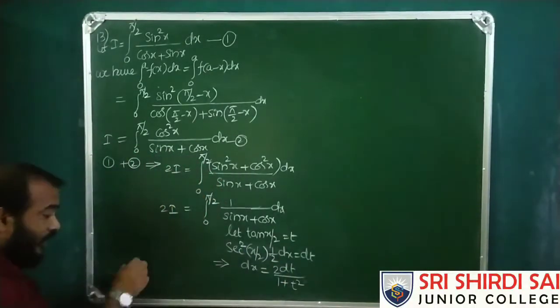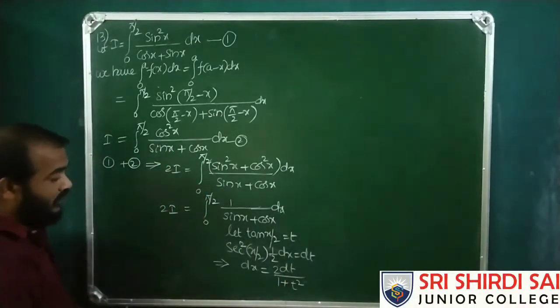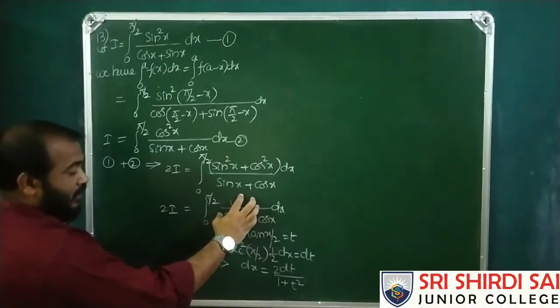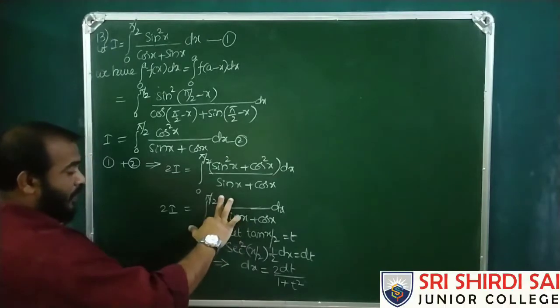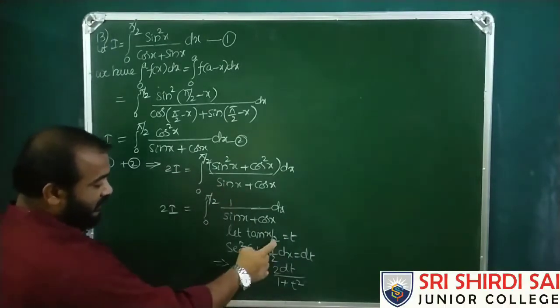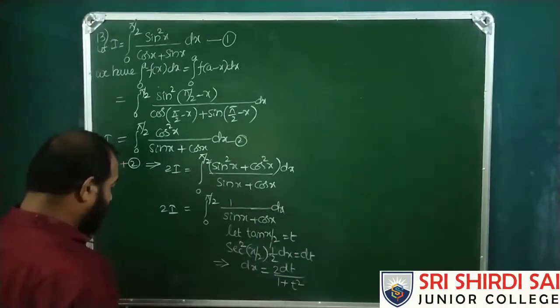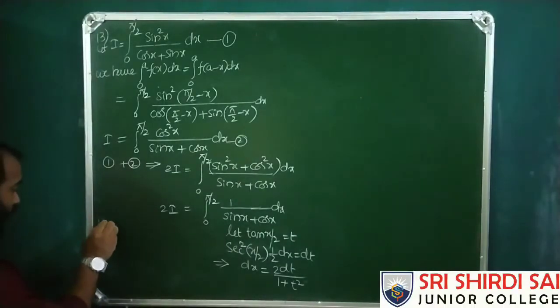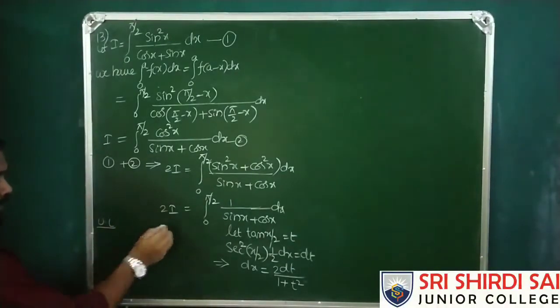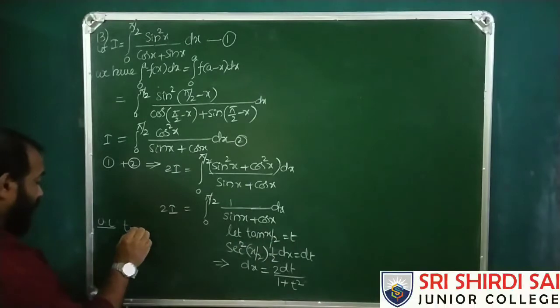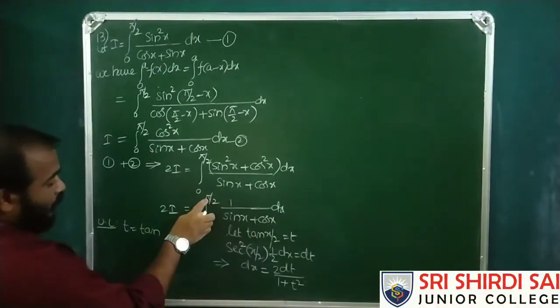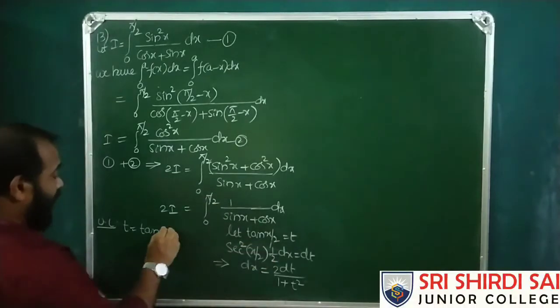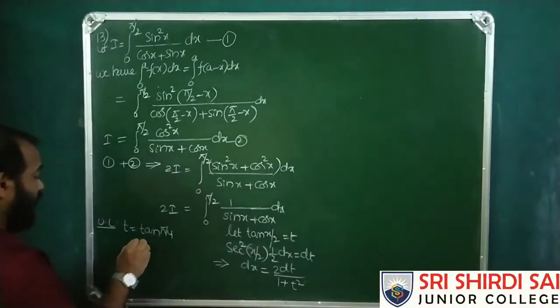And we need to change the limits also, because this integrand is in terms of the variable of integration x. Therefore 0 to pi by 2 are the limits of x. This x we are changing in terms of t, therefore upper and lower limits also need to change. Upper limit: t equals tan x by 2, x is pi by 2 here, so tan pi by 4, whose value is 1.